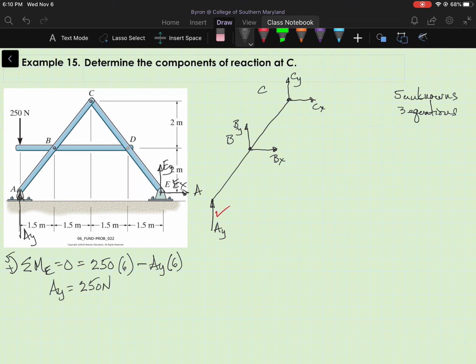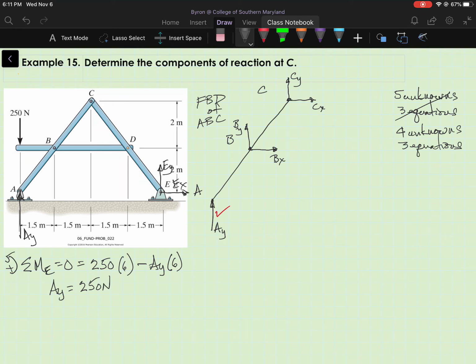So I have A sub y, and I look at my free body diagram of ABC. So I now have 4 unknowns and 3 equations. So I still have more unknowns than equations, and the reaction at B and the reaction at C are internal to the frame.